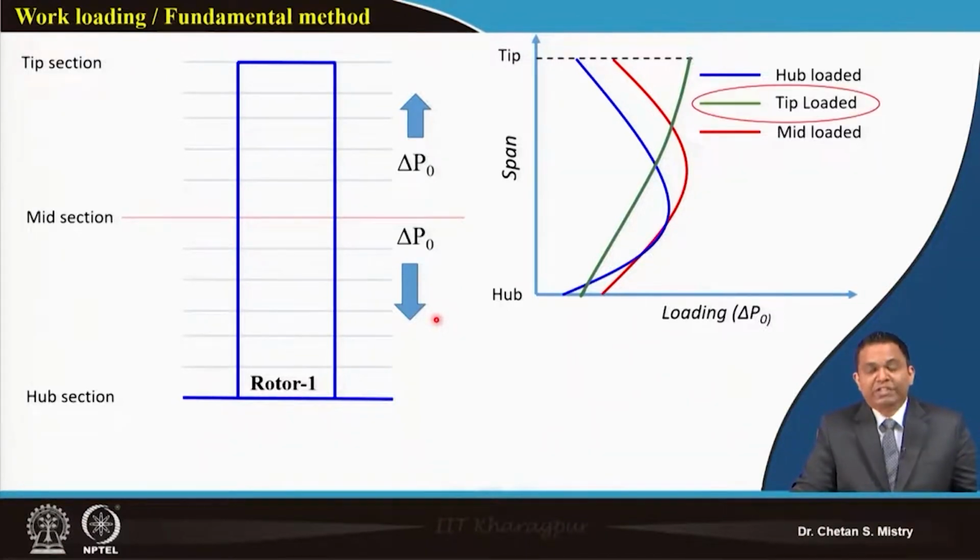So, when we say it is a tip loaded rotor, I need to select the total pressure rise expected at the hub and the total pressure expected at the tip, and do not forget we will be doing this total pressure calculation at the outlet as an average total pressure.